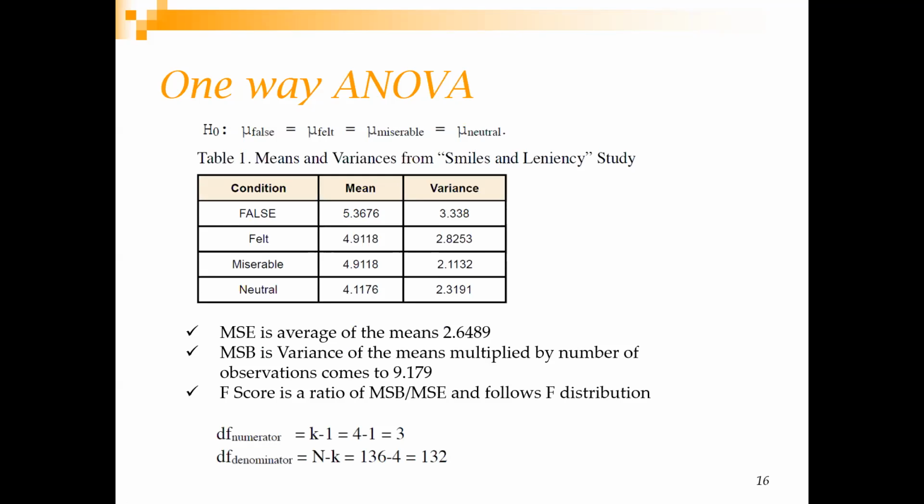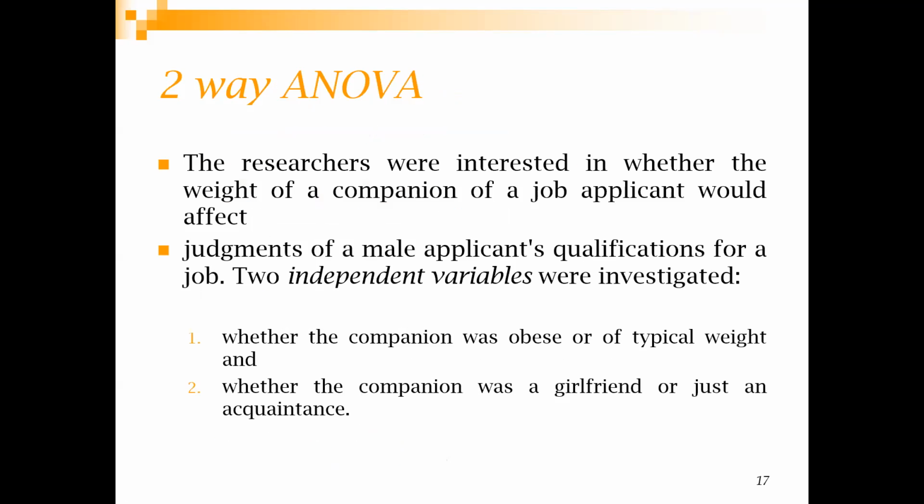This was one-way ANOVA. One-way ANOVA is used when you have one categorical variable. If you have two categorical variables, here is another example which you can find. This is a question of an interviewer.